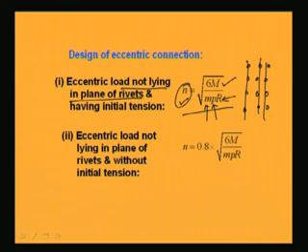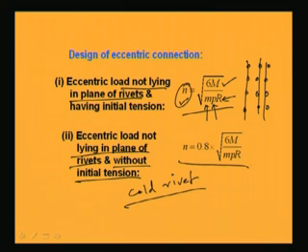Similarly, if the load is not lying in the plane of rivets and without initial tension, that means if it is cold rivet, then the number is going to reduce a little bit, because the strength of the rivet will be acting in such a way that the joint as a whole will be stronger. So, if it is cold rivet, then we can reduce the number of rivets a little bit. So, we can multiply by 0.8, say a 20% reduction.